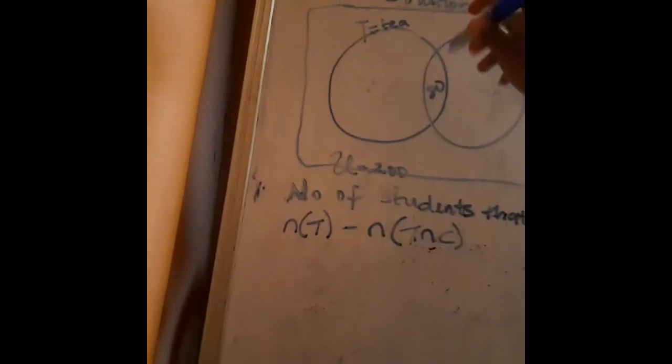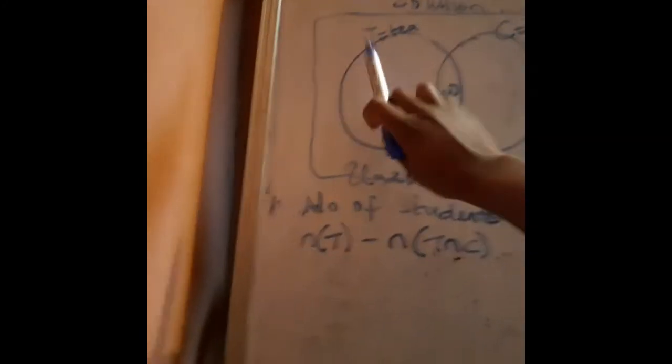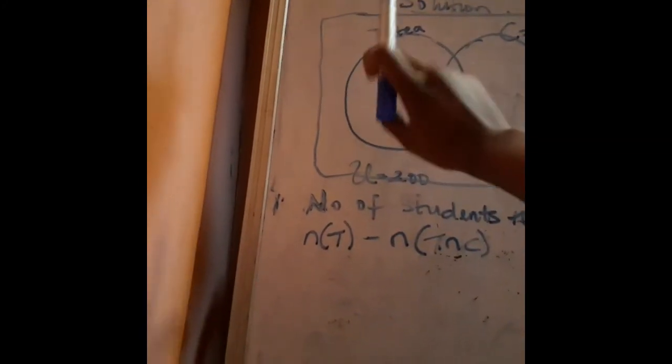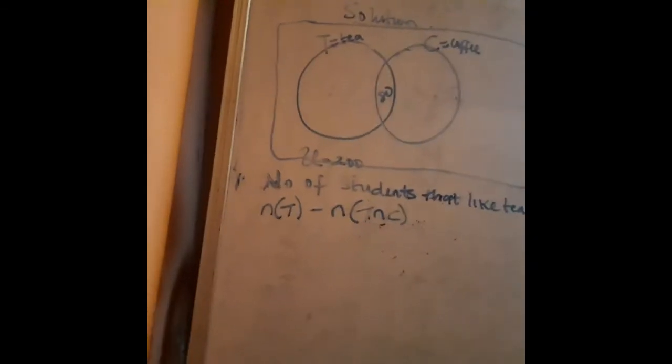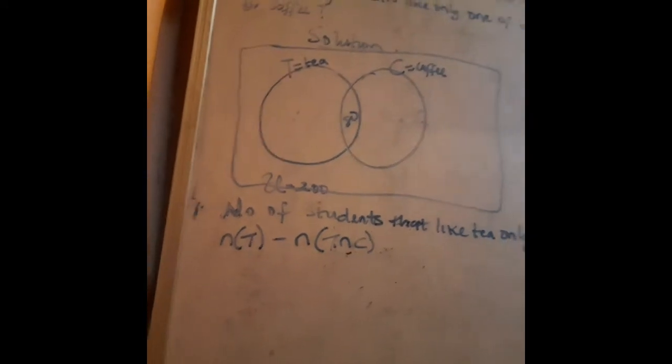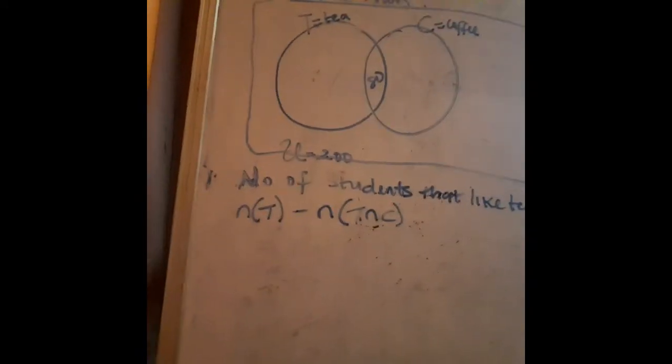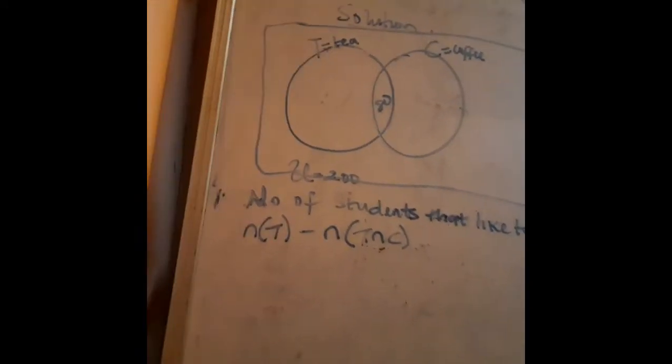As I told you, this 80 here is included in the number of students that like tea, which is 140. So to get the number of students that like only tea, we take the total students that like tea minus the intersection of both tea and coffee.